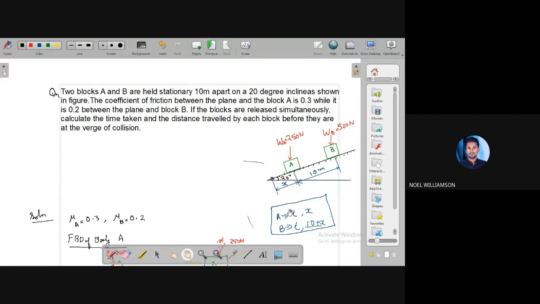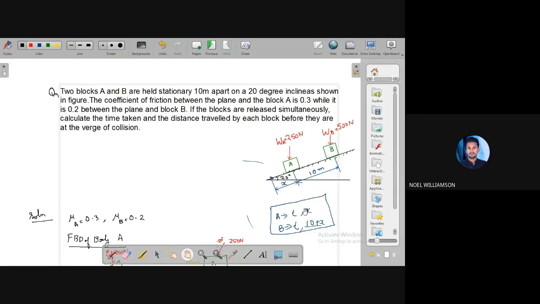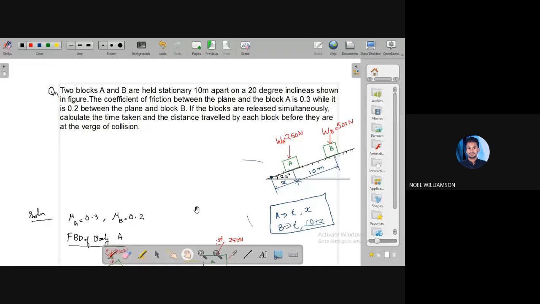So which relation do you have to use? Here x is the displacement, t is the time. Initially it is at rest, then it is moving. So you know the value of u, and you have found the acceleration a.